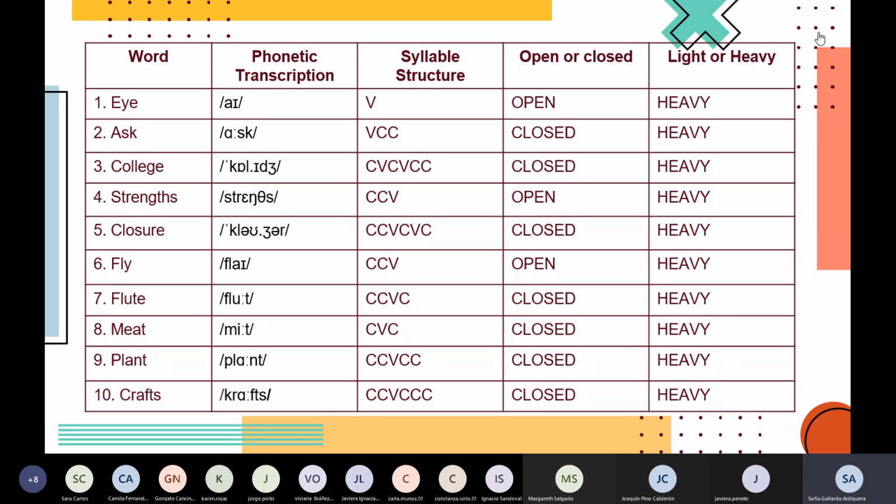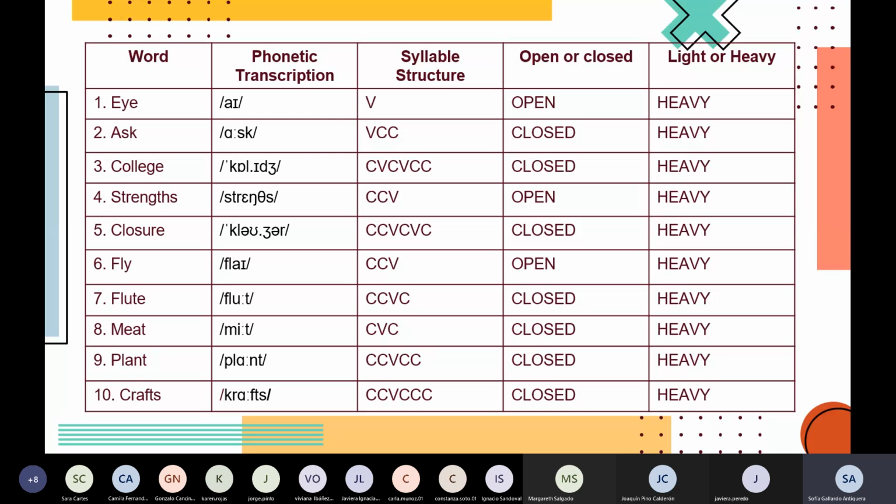Number 4 would be strength, and it is consonant, consonant, vowel for syllable structure. Open syllable, and then it is heavy as well. Then we have closure. For closure, the syllable structure would be consonant, consonant, vowel, consonant, vowel, consonant, and then it would be open and heavy as well.